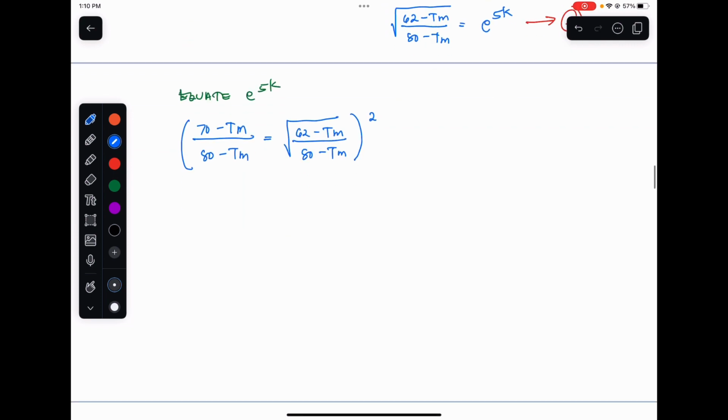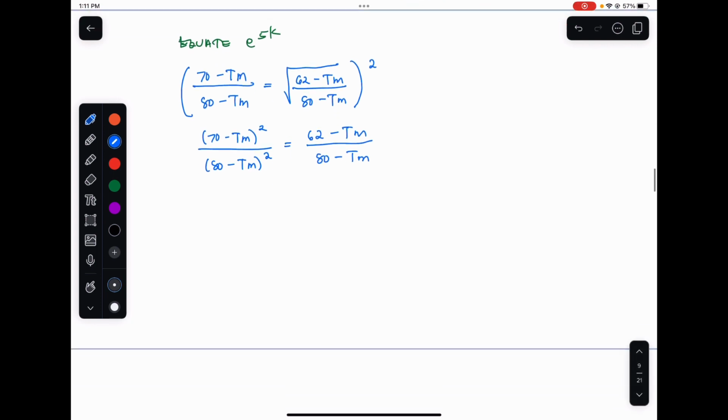That would give us 70 minus t sub m raised to 2 divided by 80 minus t sub m raised to 2. And the radical will be removed, leaving us 62 minus t sub m all over 80 minus t sub m.